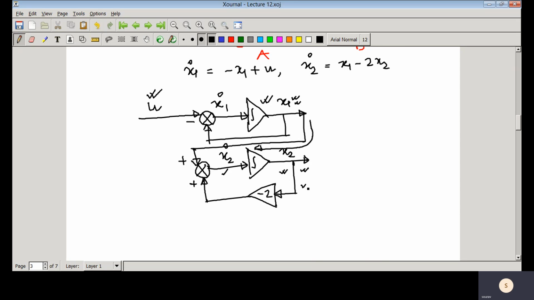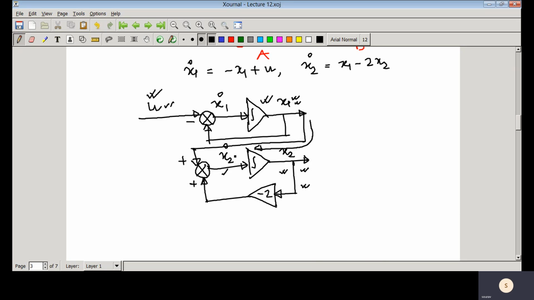So the x2 state is not directly connected to u, but it is connected via x1. That means there exists a connection with the control input. So from this state diagram, it is clear that it should be a controllable realization.